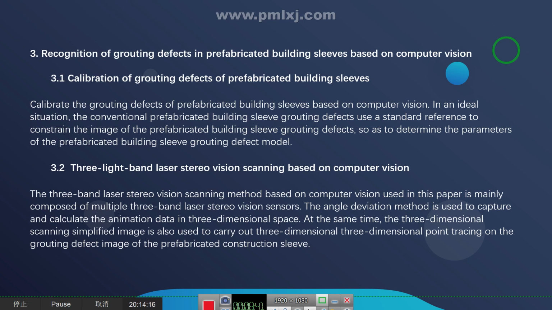In the conventional situation, prefabricated building sleeve grouting defects use a standard reference to constrain the image of prefabricated building sleeve grouting defects, so as to determine the parameters of the prefabricated building sleeve grouting defect model.